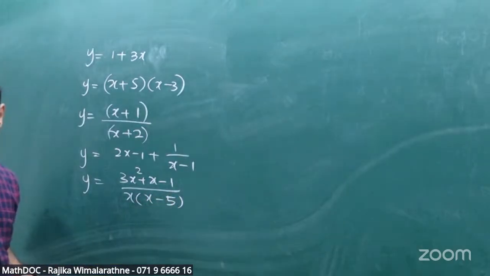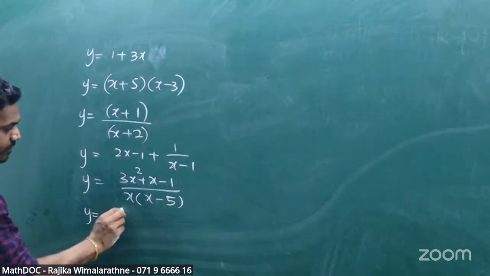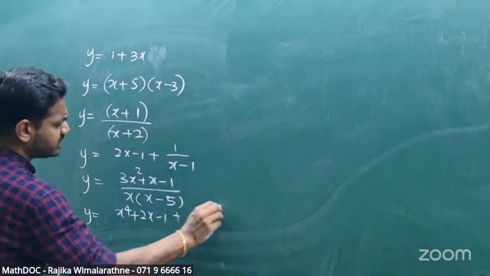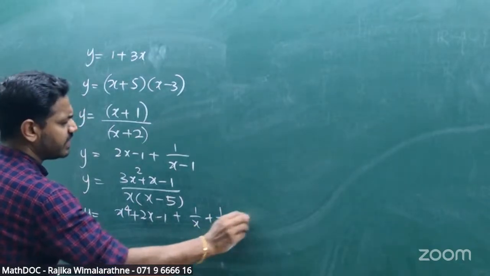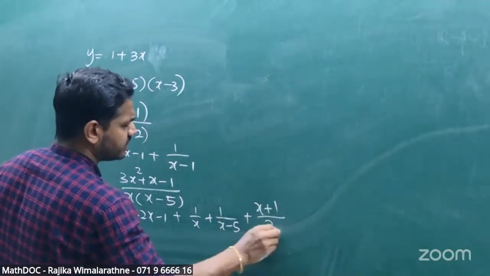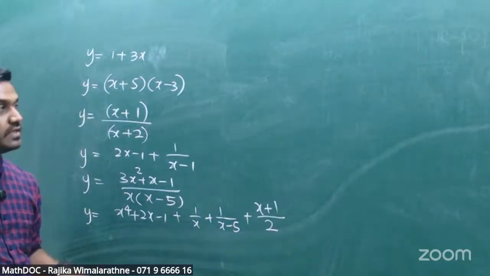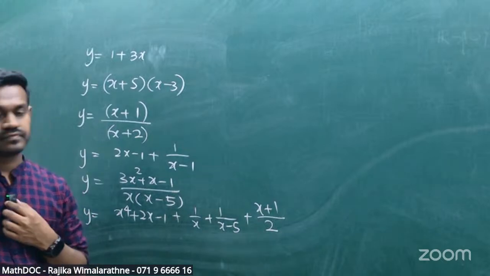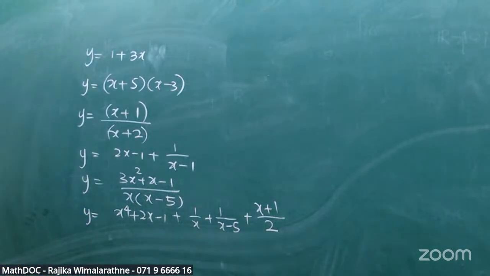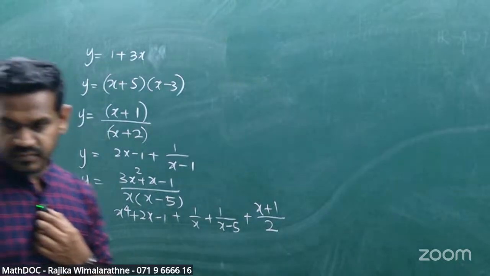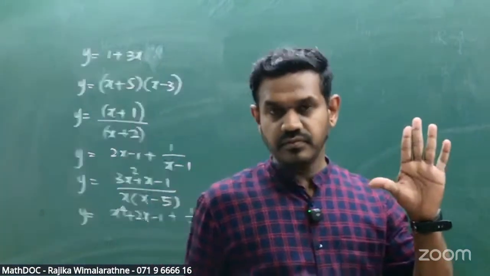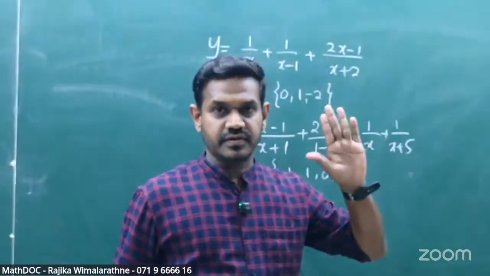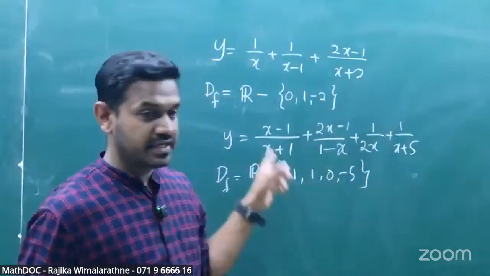Y equals x to the power 4 plus 2x minus 1, 1 over x, 1 over x minus 5, x plus 1 over 2. Take time to write the domain. Think and do. First write this one, complete it first.